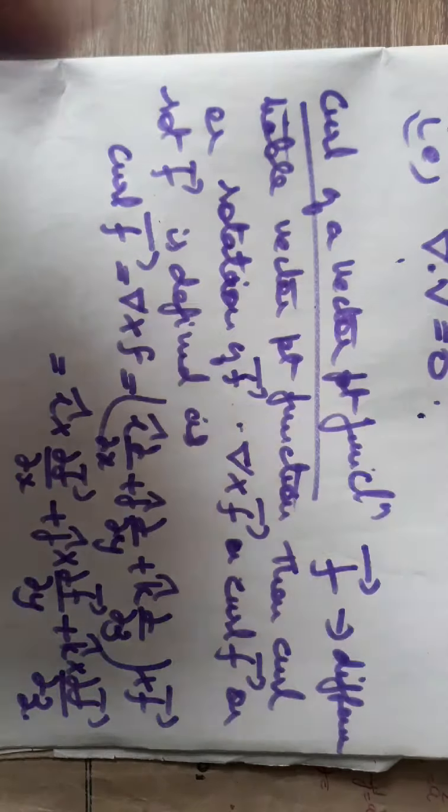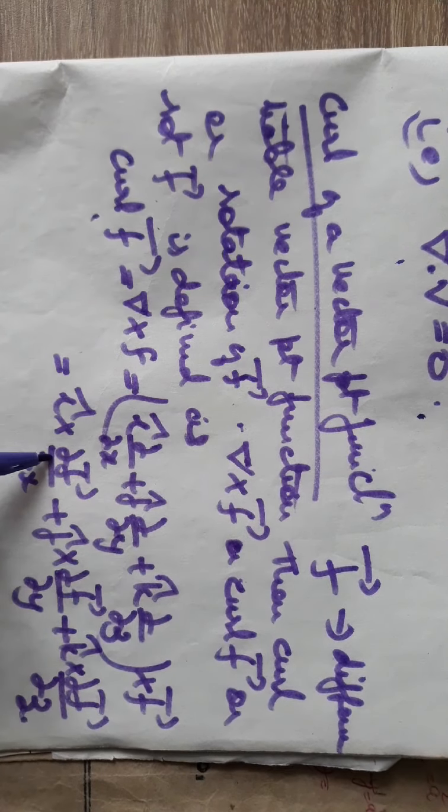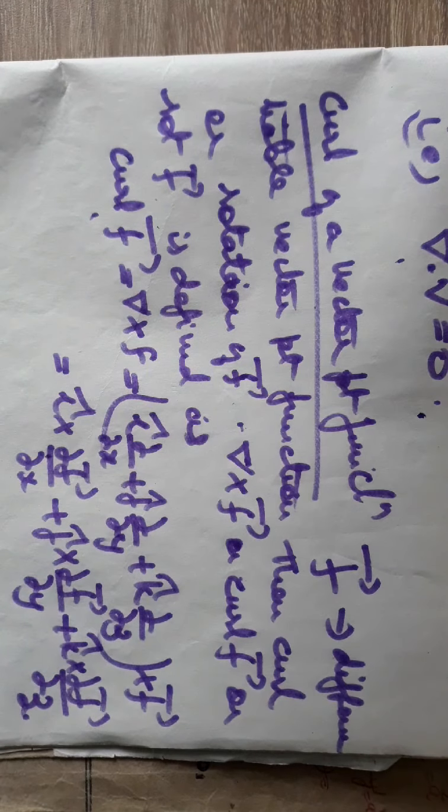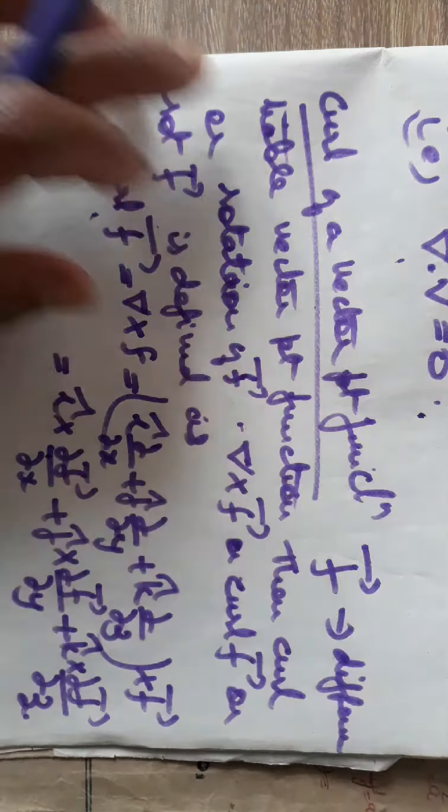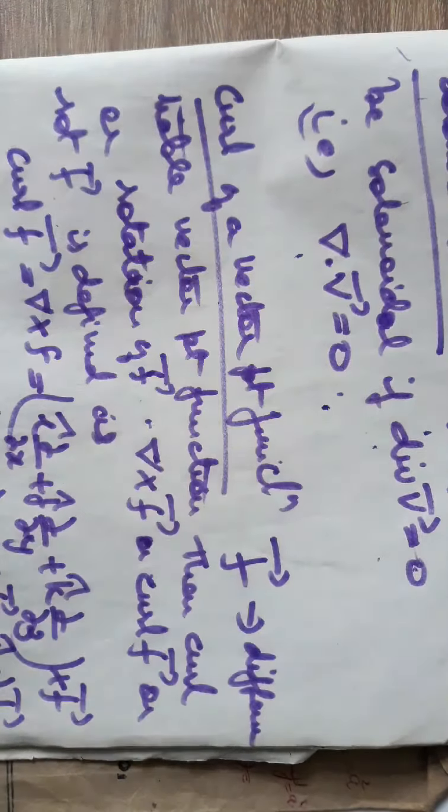It should be noted that this curl of a vector function is again a vector function, whereas divergence is a scalar function.